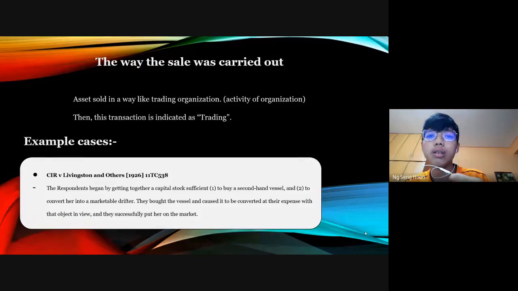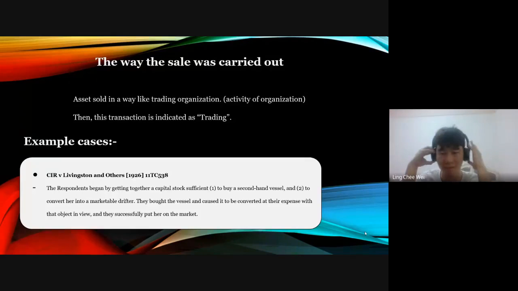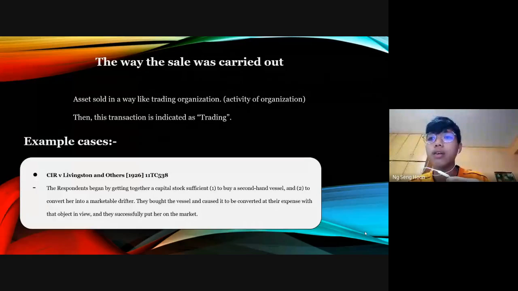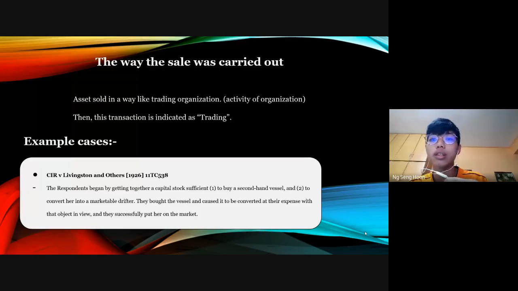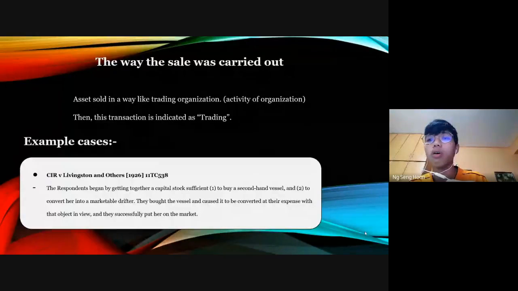Actually, in this theory, we can put another phrase here, which is the Fraser case just now, the whiskey case. In the whiskey case, they bought the whiskey in a large quantity, and this quantity is not considered for their own consumption.